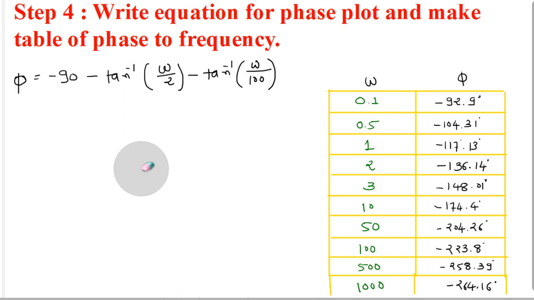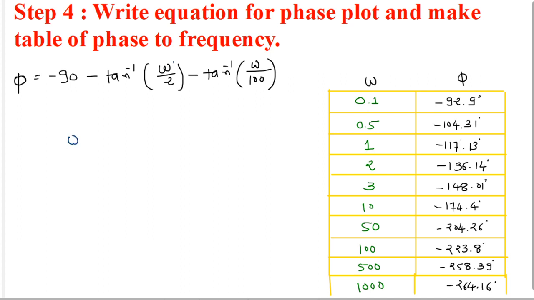Now you can take random values of omega: 0.1, 0.5, 1, 2, 3, 10, 50, 100, 500, 1000. I am taking these values of omega and calculating phi with a scientific calculator.